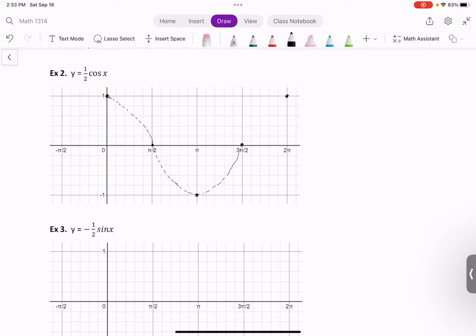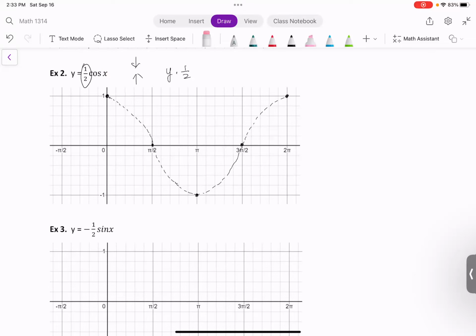Then based on this one, we do the transformation. In front, we have 1/2. That means we will shrink it vertically. That means all the y times 1/2. Before, we had y equals 1. The x didn't change because the x part changed nothing.